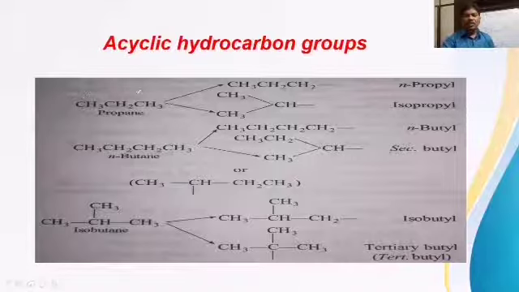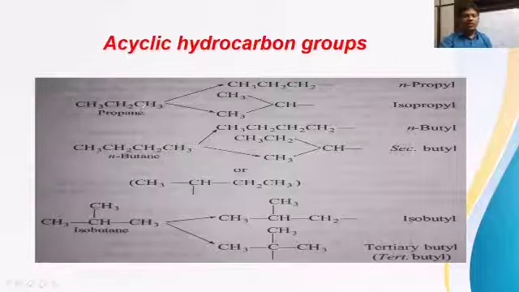From any terminal carbon, if you remove one hydrogen atom, the group obtained is what here? N-propyl. N-propyl, when we say it, means the free bond is present on a terminal carbon atom, and without any branch. No side branch on this structure here.